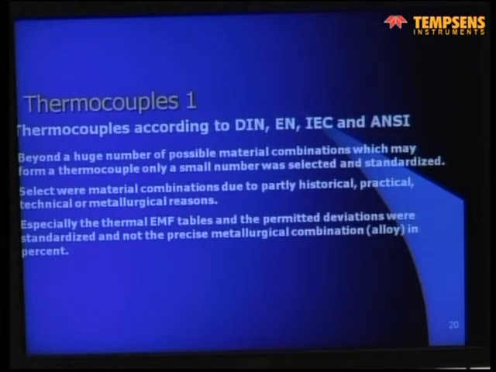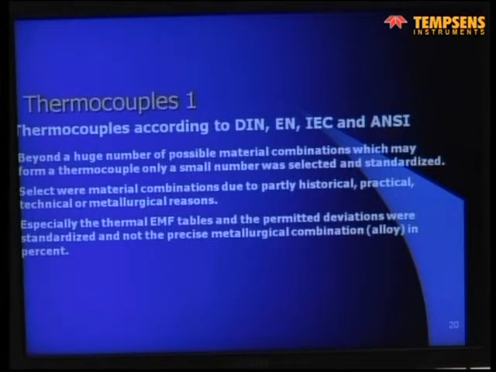So therefore the alloy itself is not standardized except type N. For type N, the alloy is standardized. You can have a look in the table and you'll find the figures in percent for the alloy. And it causes us a lot of work to have these combinations inside.